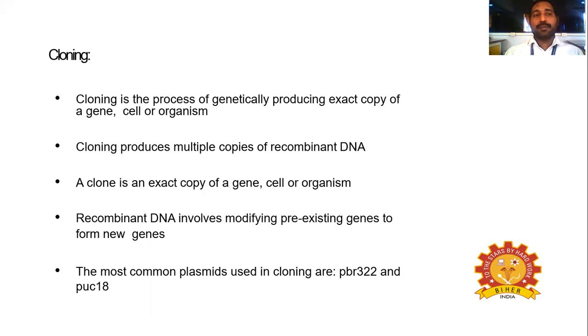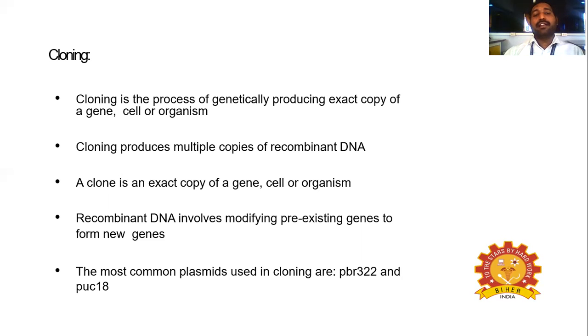Okay, so cloning is the process of genetically producing an exact copy of a gene, a cell, or an entire organism. Cloning produces multiple copies of recombinant DNA. A clone is an exact copy of a gene, a cell, or an organism.